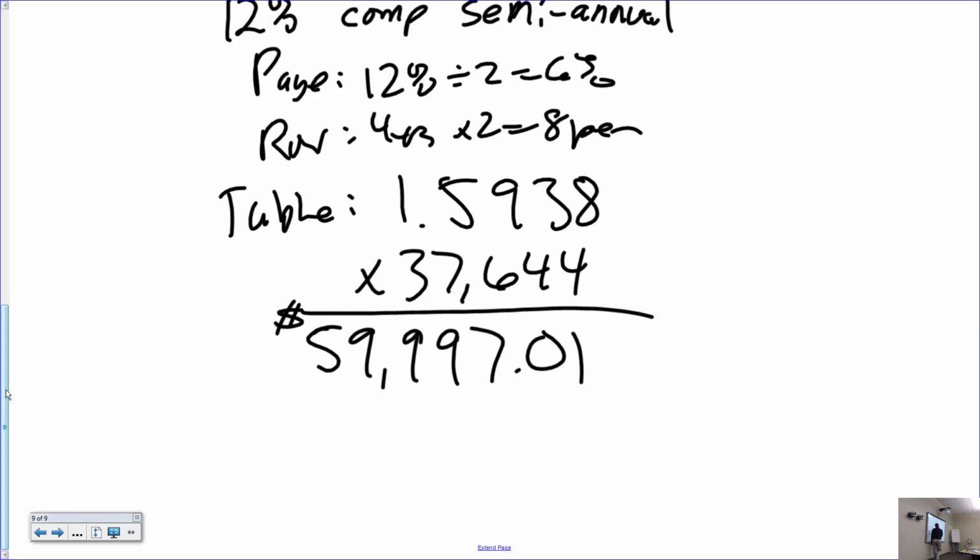It did say round to the nearest dollar, so if you didn't put the pennies in there, I'd give it to you anyway. Essentially, we're within $3 of having our $60,000 when we walk forward. Note these are approximate values when you use the tables, since we're not doing the big long spreadsheet type thing, so it's not going to be exact, but it'll be close.